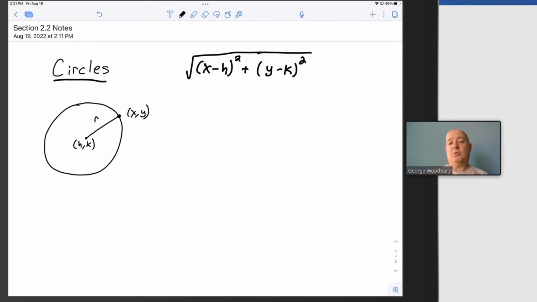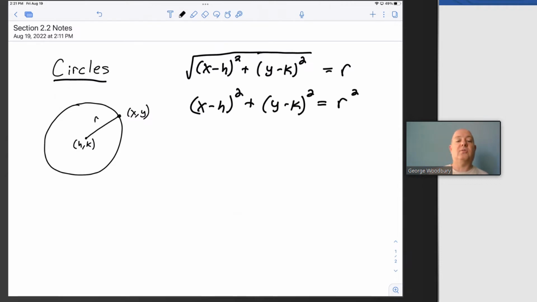The difference between the x coordinates squared and the difference between the y coordinates squared, total together, the square root of that is equal to the radius. Now we can square both sides of this equation, and that's where the equation of the circle comes from. (x minus h) squared plus (y minus k) squared equals the radius squared. So any point (x, y) that's on the circle has to satisfy this equation.